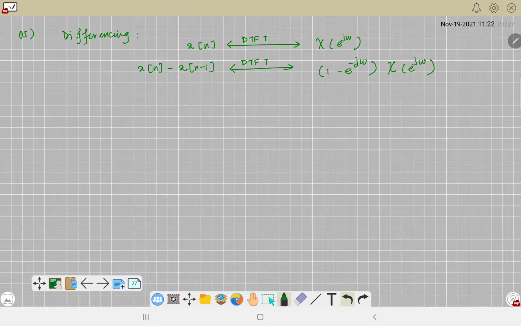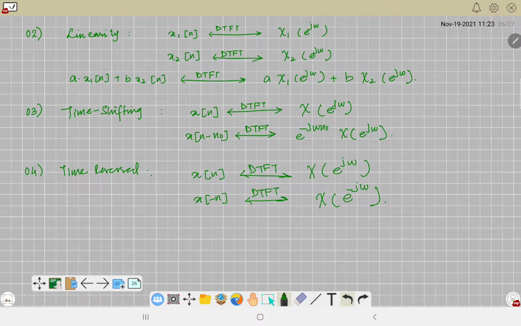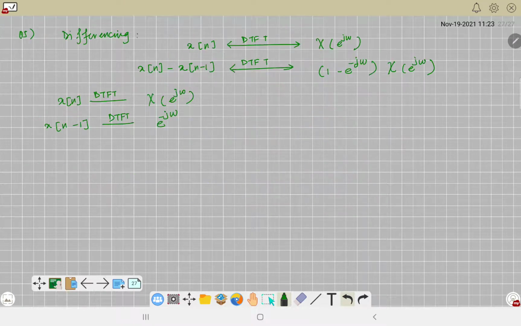And you can easily prove it from the time shifting expression. Now, if x[n] has a discrete time Fourier transform of X(e^{j omega}), then by time shifting, x[n-1] will have a discrete time Fourier transform of e raised to the power minus j omega times X(e^{j omega}).